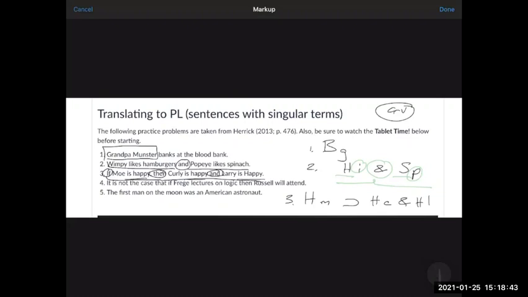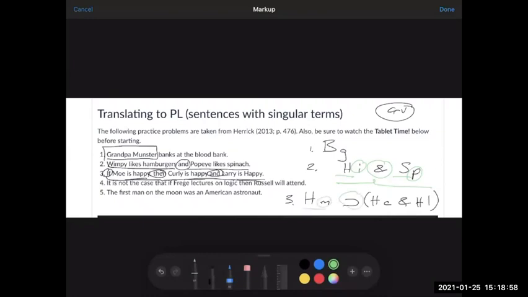We also have an ampersand there. By the way, we need a grouping indicator here, and it'll also make it more readable. So if it is the case that Mo is happy, then it's the case that Curly is happy and Larry is happy. Again, it's a truth functional compound. The horseshoe is the main operator here. And that's how you do some of these.